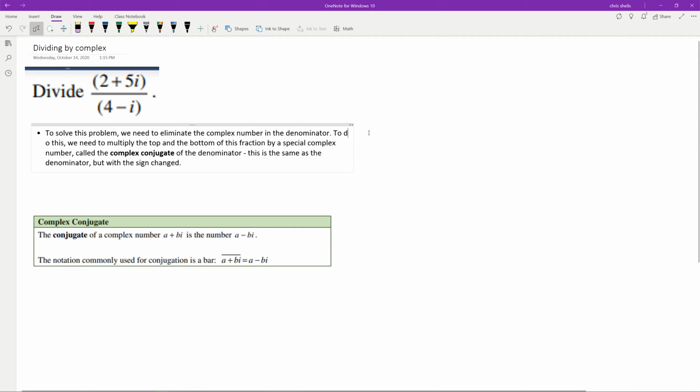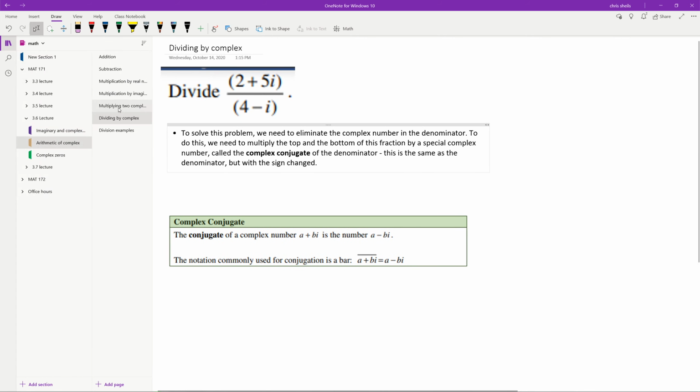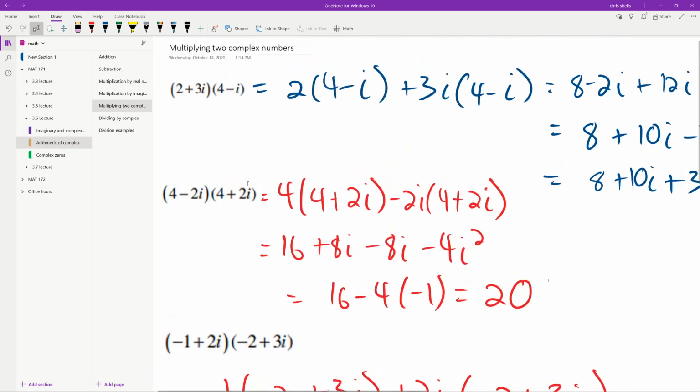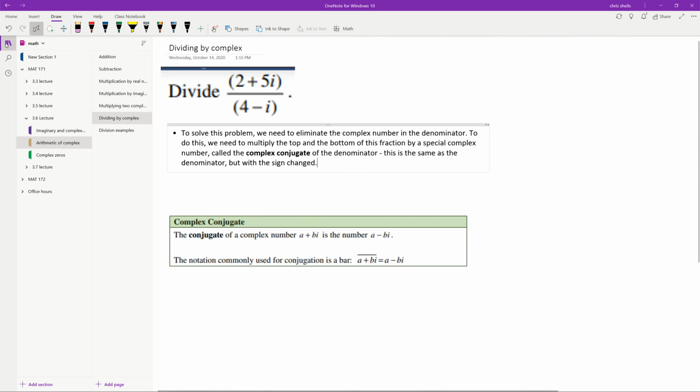In order to do this, I have to multiply the top and bottom of this fraction by a special complex number that we're going to call the complex conjugate of the denominator. This is the same thing as the denominator, but with the sign changed. So we're looking for something similar to how we had in this problem, where we had 4 minus 2i times 4 plus 2i.